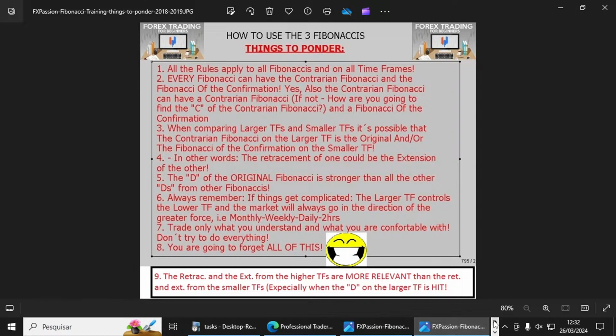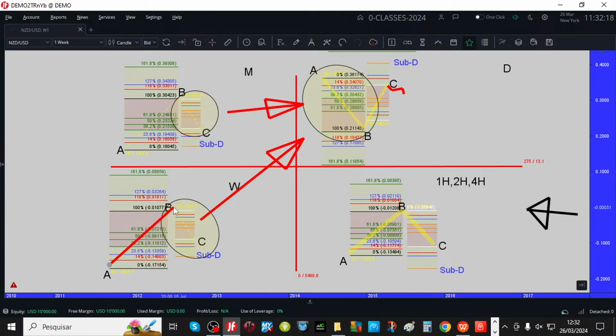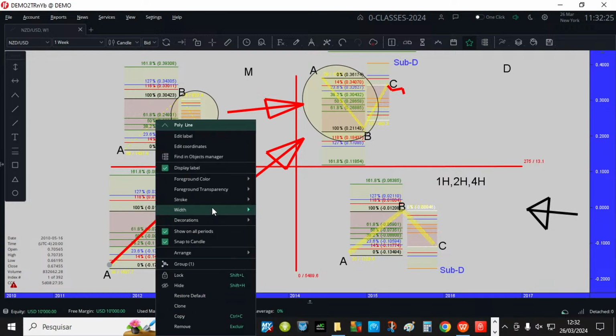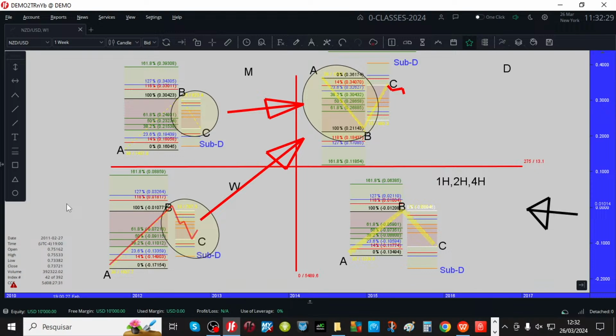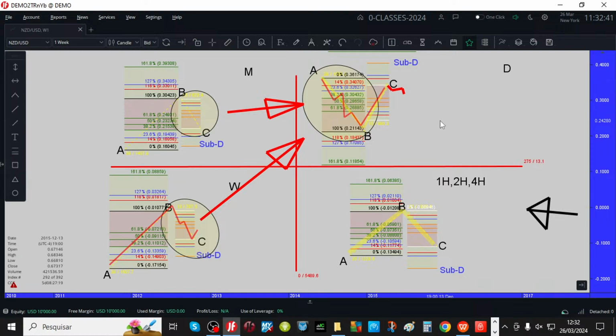Talking about the weekly, right? So the retracement on the weekly is the extension on the daily.